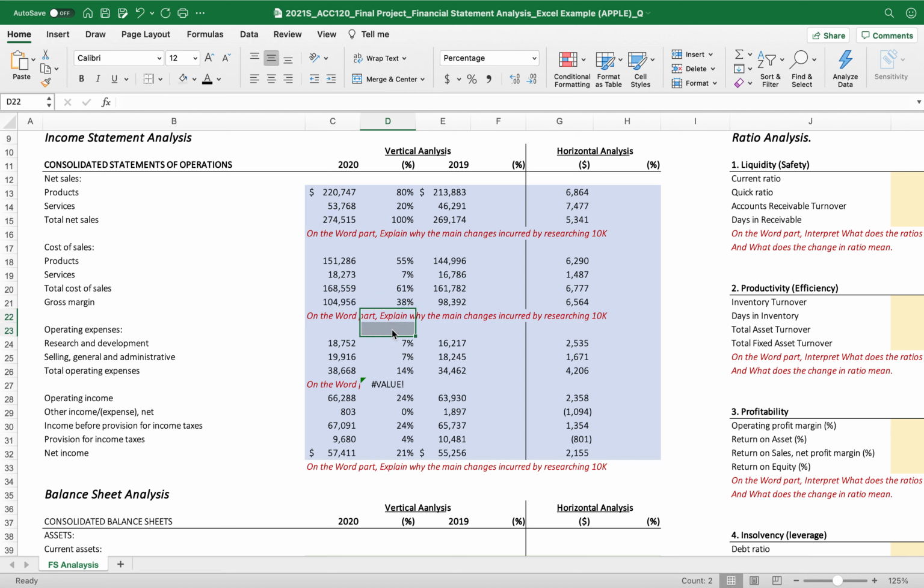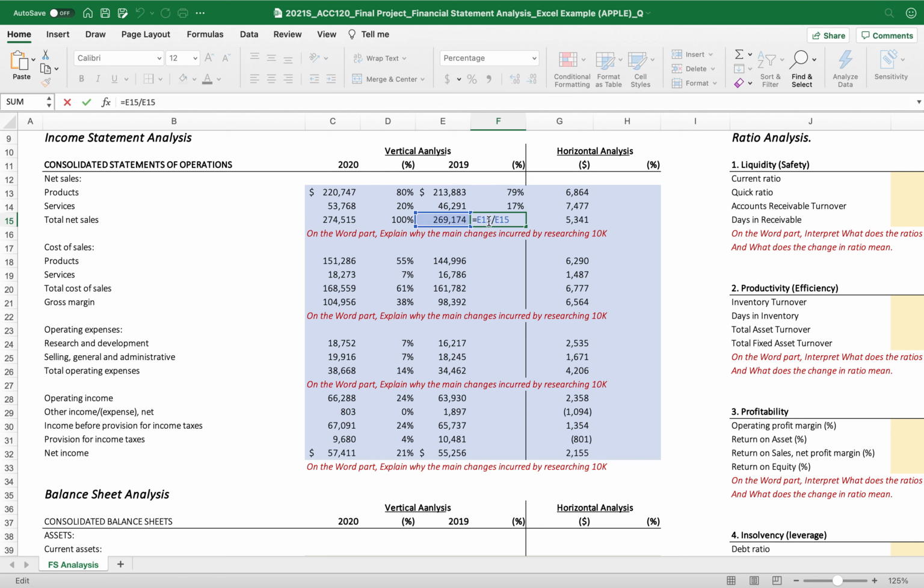So let me just remove this unnecessary part. Okay, guys, so it shows each cost, expense, or income out of total sales, explaining the structure of the performance of the company, the business activities. And then I just want to copy and paste here so that this Excel remembers.